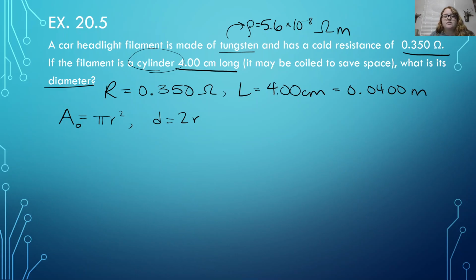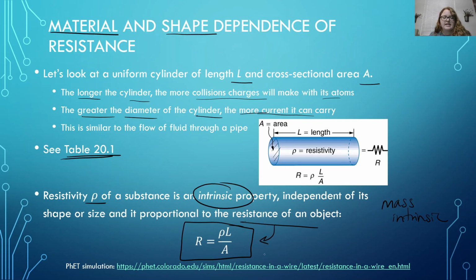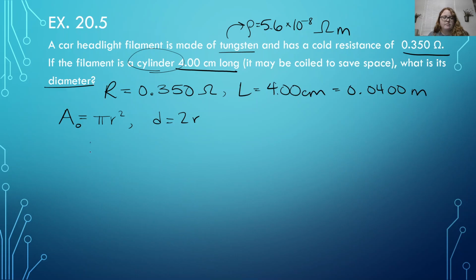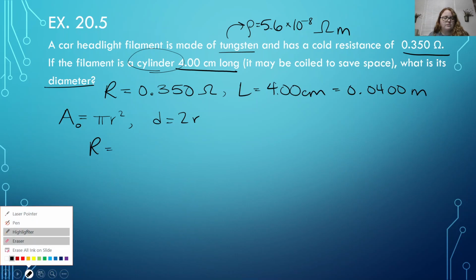But let's backtrack and find the formula that we need to use. So that is this resistance formula. R is equal to rho L over A. That's not row, that's rho.